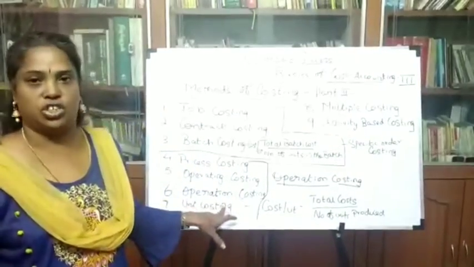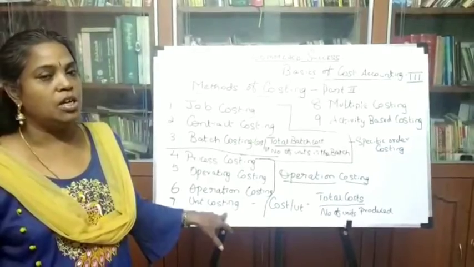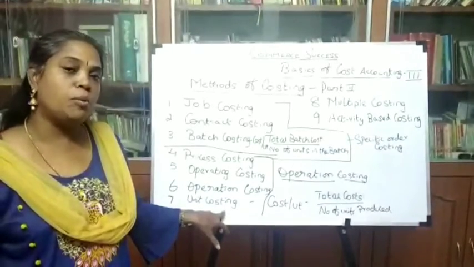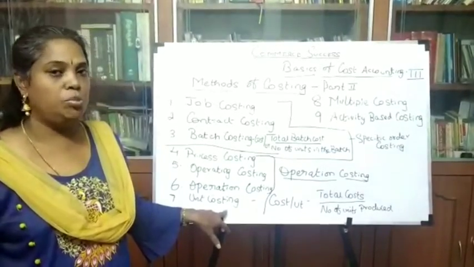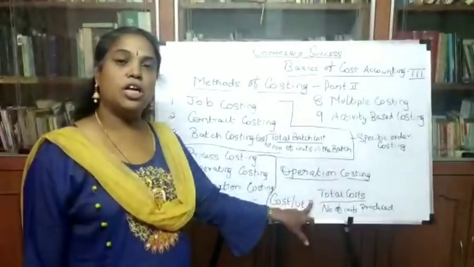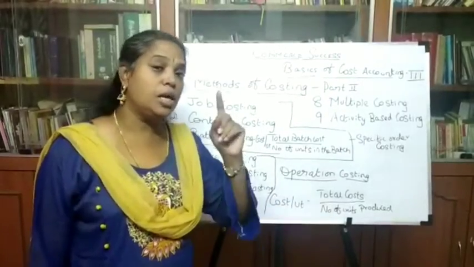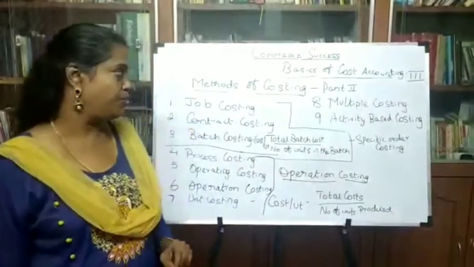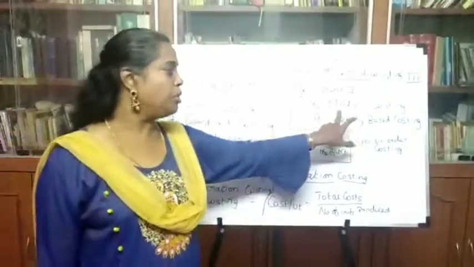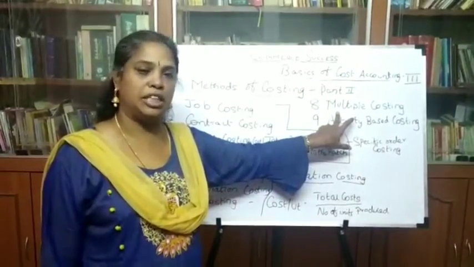in operation costing. Then unit costing, also called output costing, where the output is uniform and there is a continuous production. You will be able to find out the cost per unit based on the formula total cost divided by number of units produced in that particular period of production. Then we saw multiple costing. It is nothing but a combination of two or three methods.